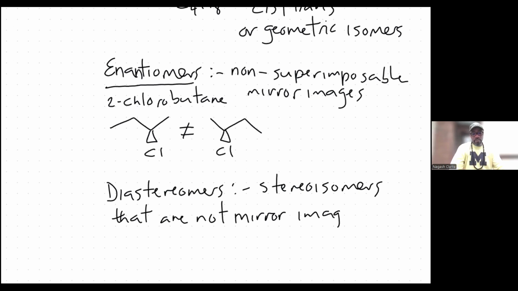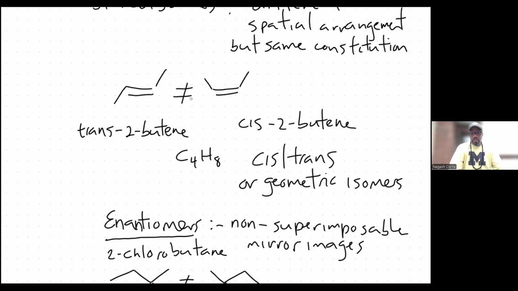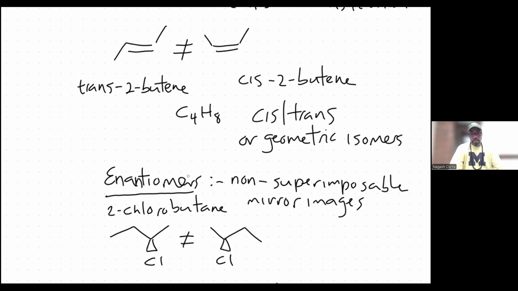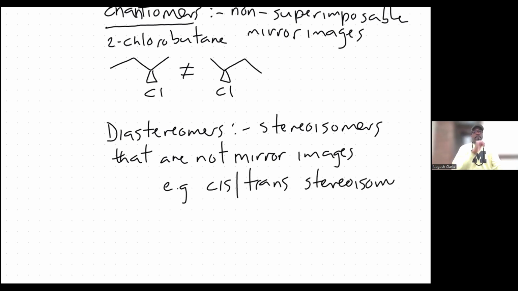I actually saw an example of that with the cis-trans. So these are stereoisomers where they're not mirror images of each other. So an example of diastereomers is cis-trans stereoisomers. And we'll see some more examples.